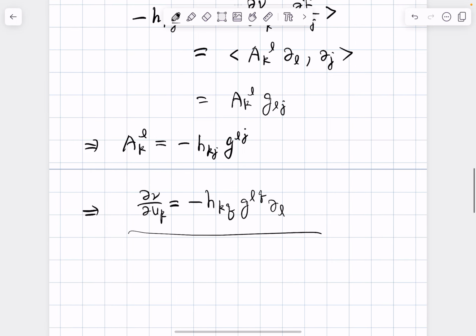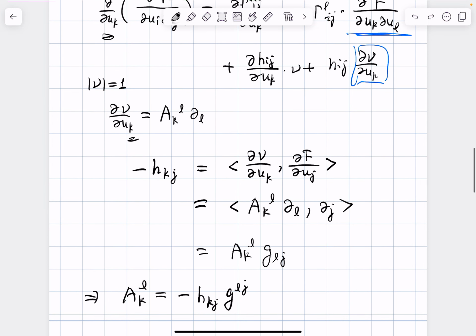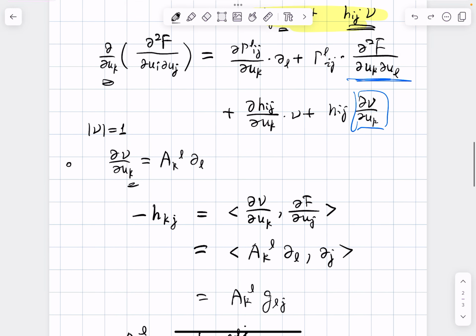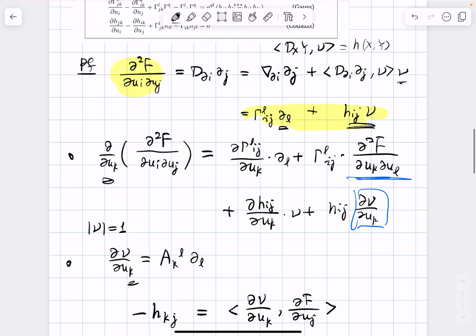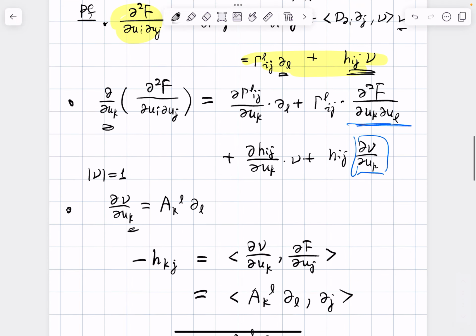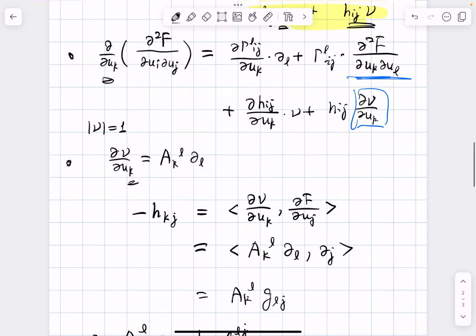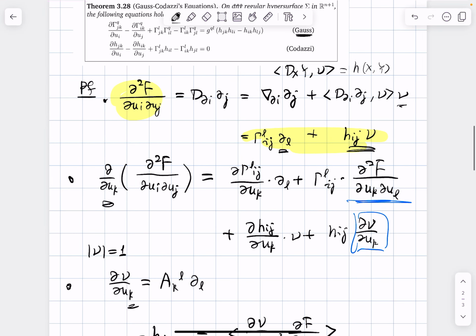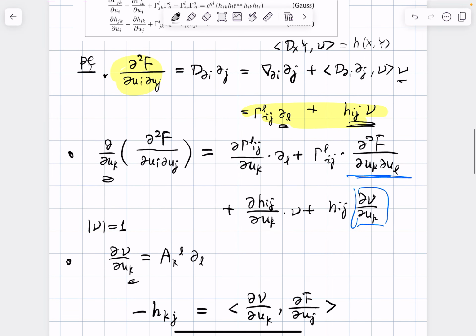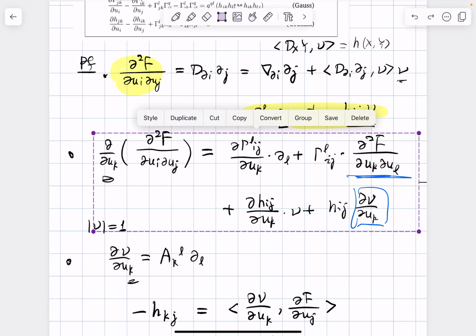So this is a formula for partial ν, partial u_k. Now let's plug it in.